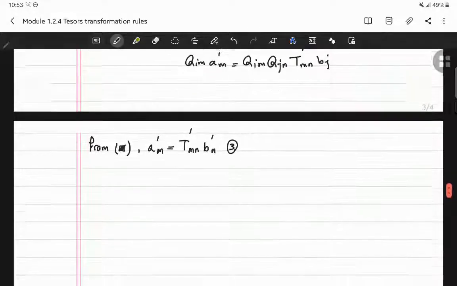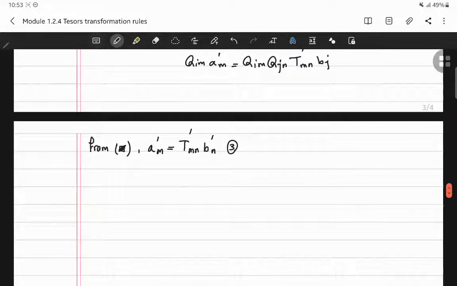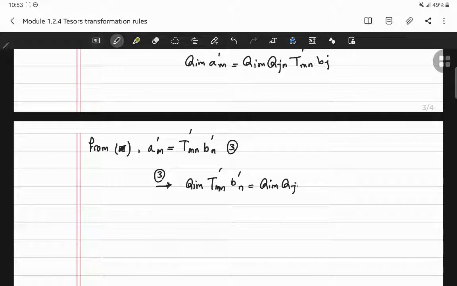So I plug in 3. So from 3, I have Q_im instead of A prime m. I write T prime mn B prime n is equal to Q_im Q_jn T prime mn B_j. I simply just copied this part here.